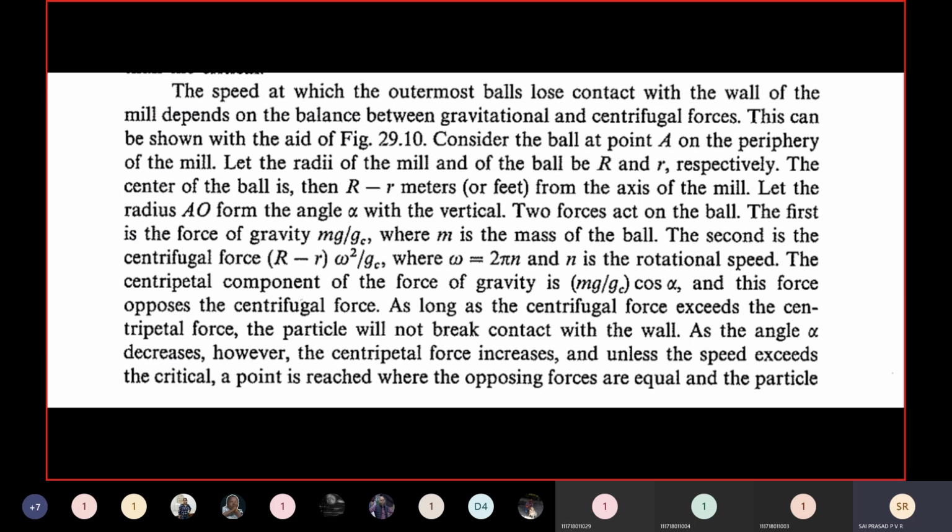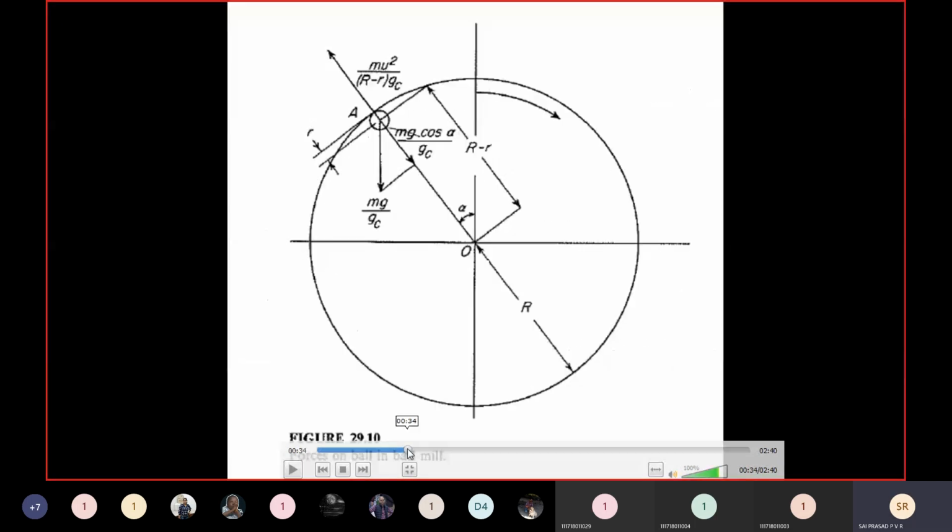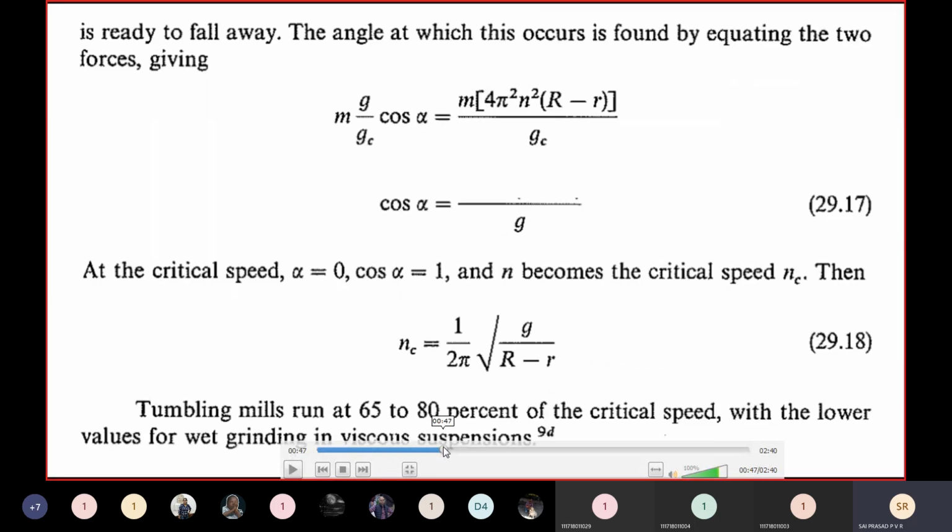As the angle alpha decreases, the centrifugal force increases, and unless the speed exceeds a critical point, a point is reached where the opposing forces become equal and the particle will break away from the wall. It is ready to fall away, and the angle at which this occurs, obtained by equating the two forces, gives this equation.